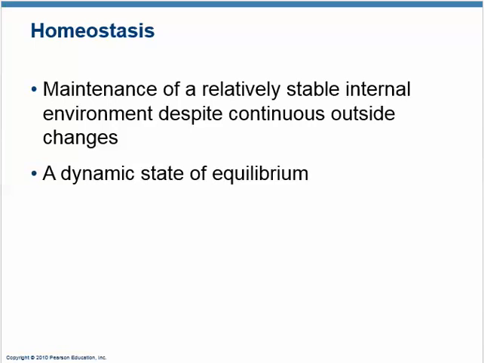When you're driving a car down the highway, you try to stay in your lane, between the shoulder of the road and the white line. But you're never right between those two things. Sometimes you're closer to the shoulder, sometimes you're closer to the white line, and you move back and forth.